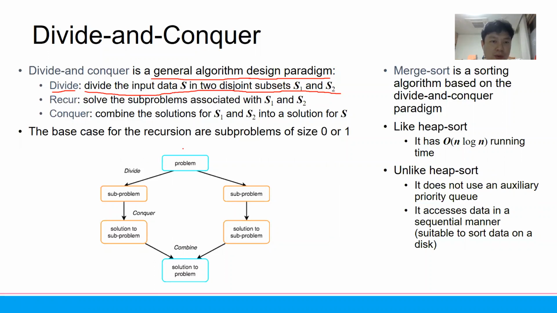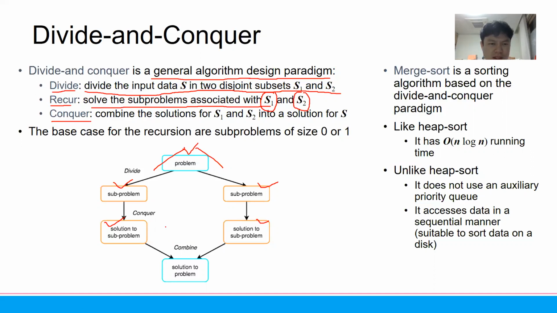So we have one problem, and we want to divide it into subproblems. And then recur, it means we want to solve the subproblems associated with S. S means the input data or the list, or any set. It can be anything. We have the subproblem, and we want to solve this one, and get the solution to the subproblem.